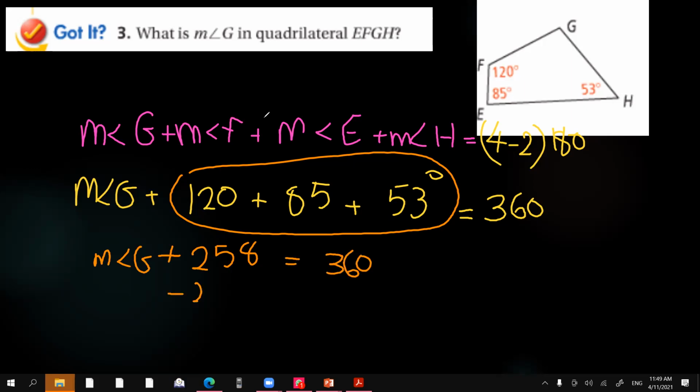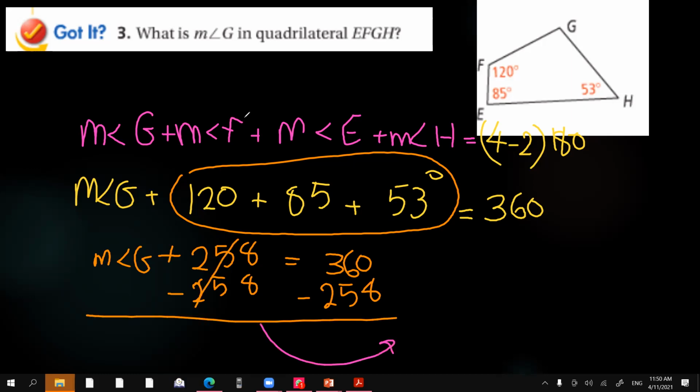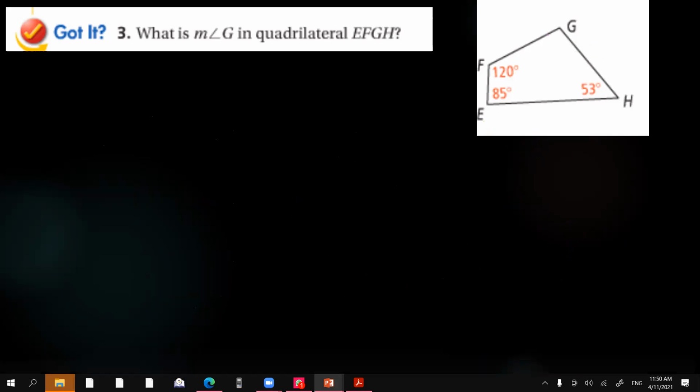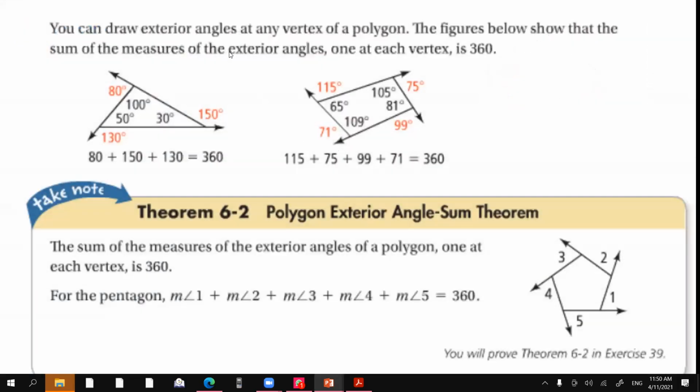In order to find it, subtract 360 minus 258. So it will equal 102. So the measure of angle G will be 102 degrees. Is it clear? Yes, miss. Yes, teacher.